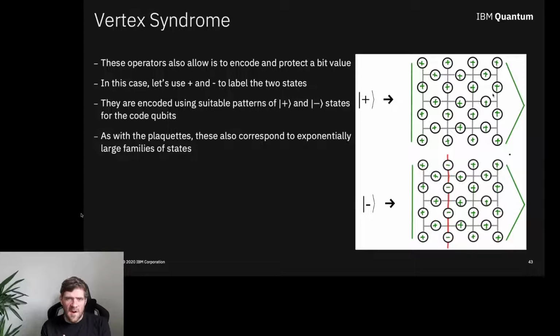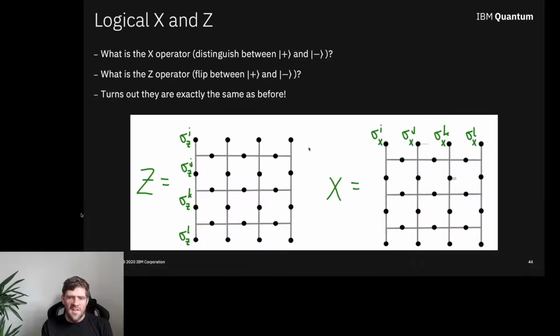And so we can detect that by having a line from left to right that goes through the plaquettes, which is a tensor product of x's on all of those qubits, because that gives us the parity in the plus-minus basis.